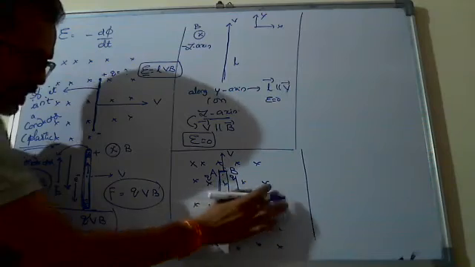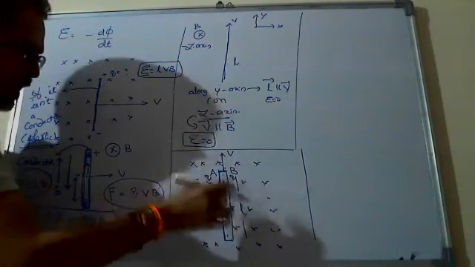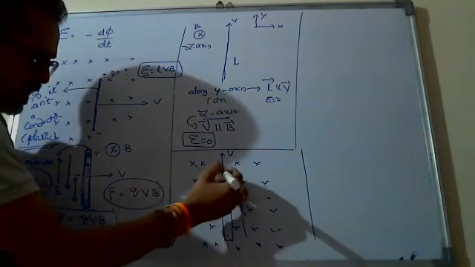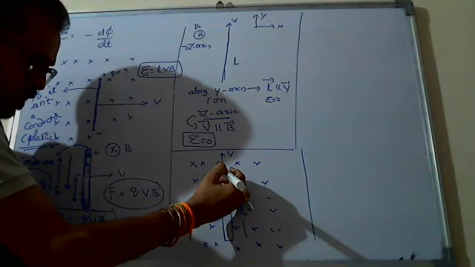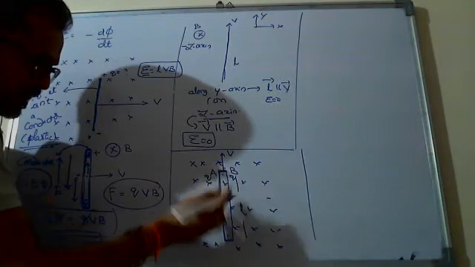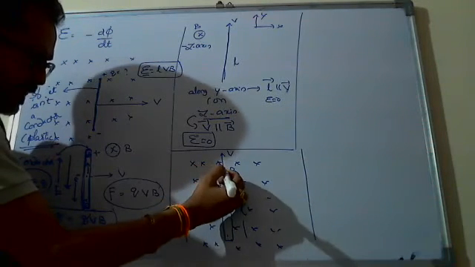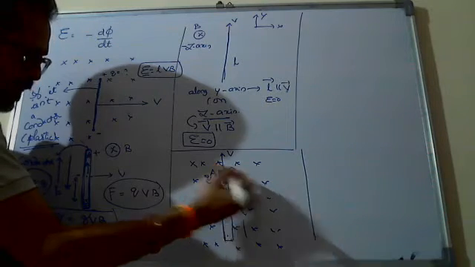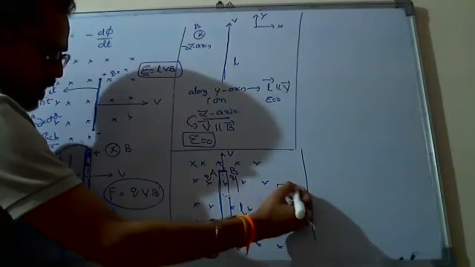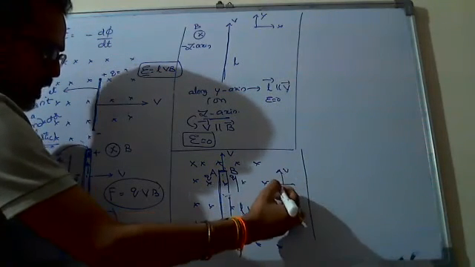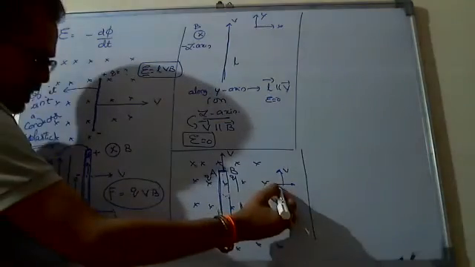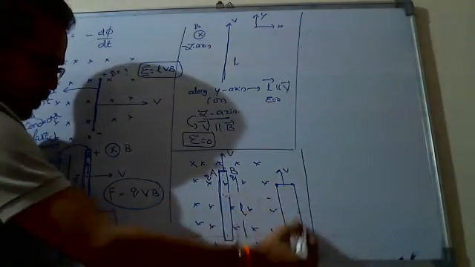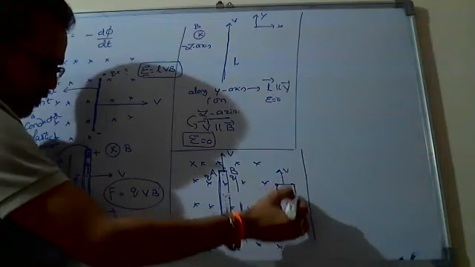If I pull parallel to the conductor, then obviously, if I consider this thickness, even though it is small, at the two ends of this part the charge will be induced here and there. After inducing, the charge will be distributed over this whole part and that whole part.